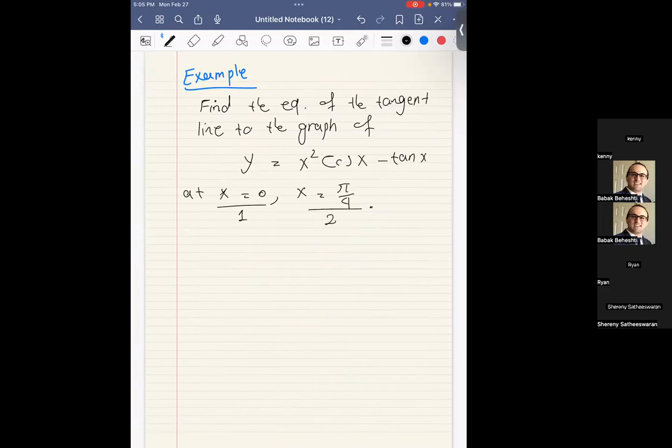Okay, so what is now the derivative? If y equal to x squared cos x minus tangent x, then y prime, or let's say f prime, this is f of x.